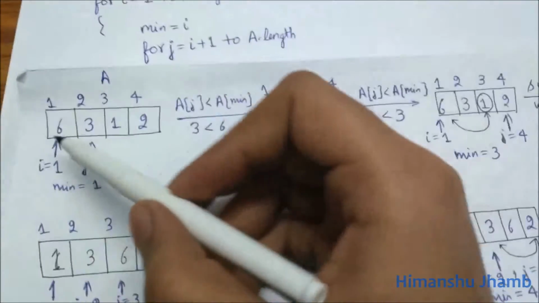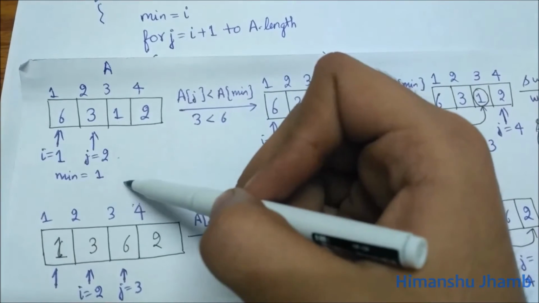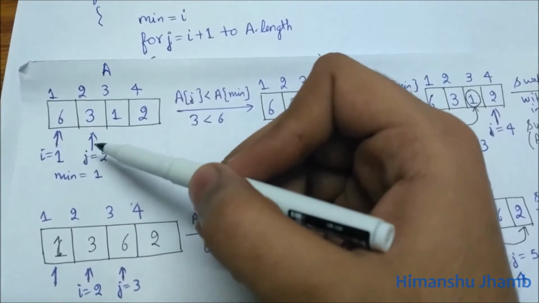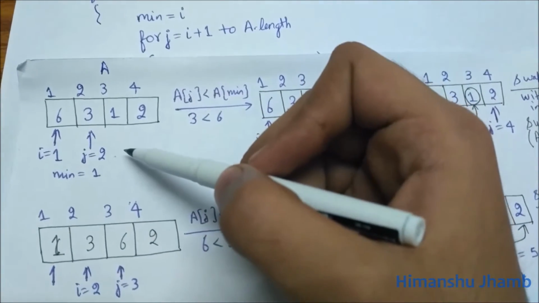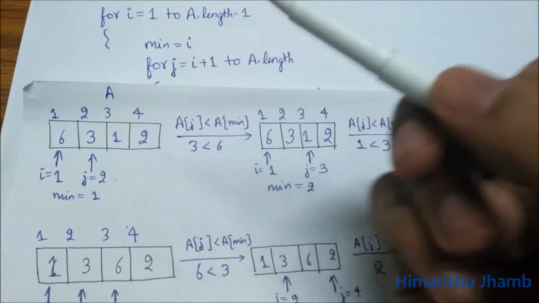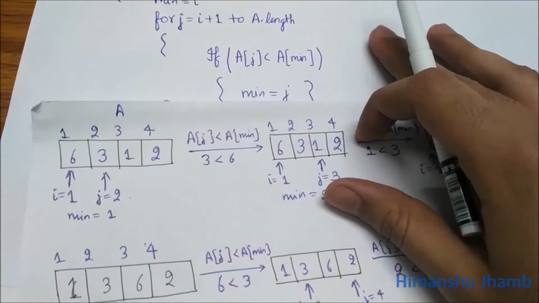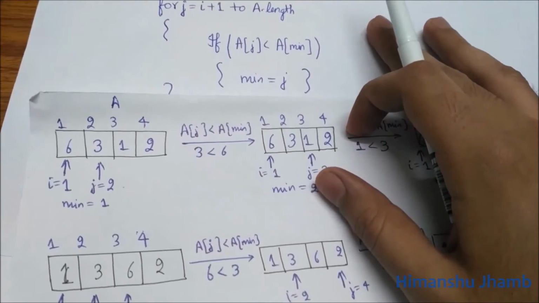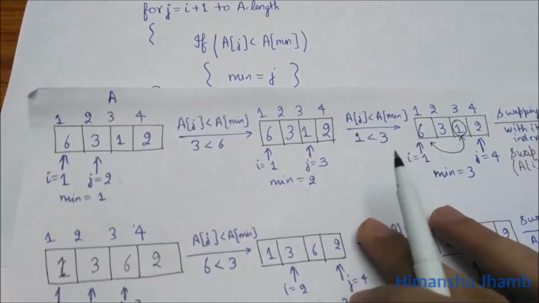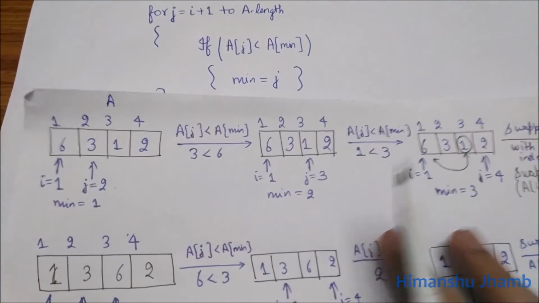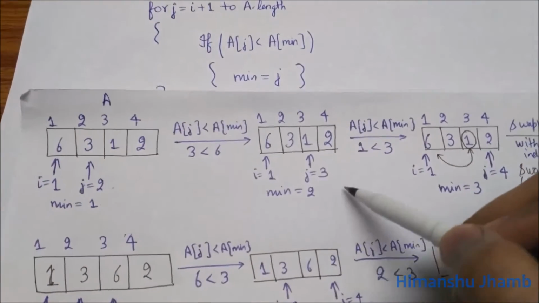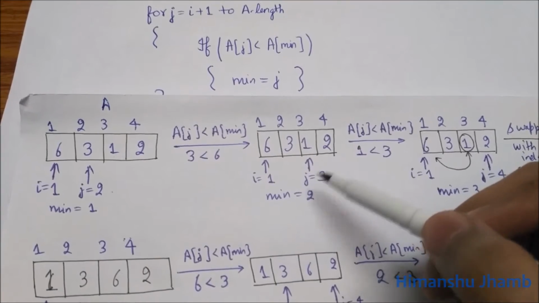So how are we going to do this? We will set the minimum as i, and j will run from i plus 1. So j is i plus 1 now. We will check if a[j] is less than a[minimum]. If a[j] is less than a[minimum], we will update our minimum. In this case, a[j] was less than a[minimum], so we updated the minimum.